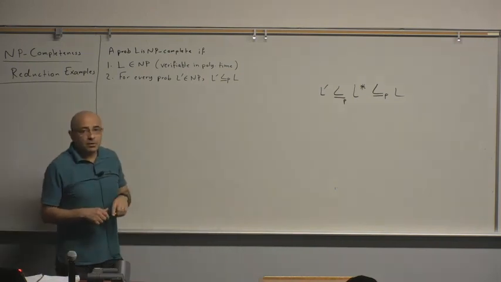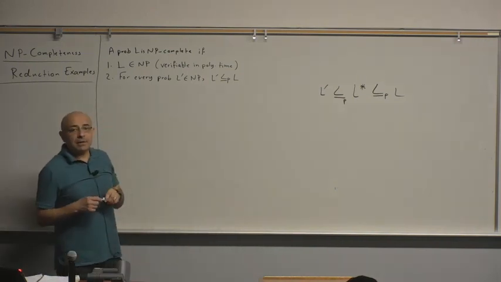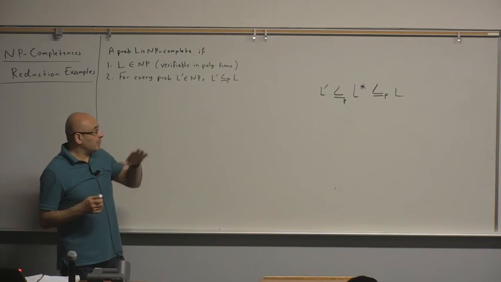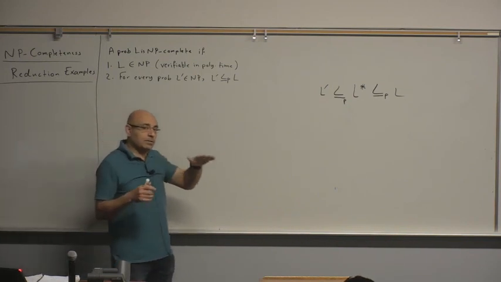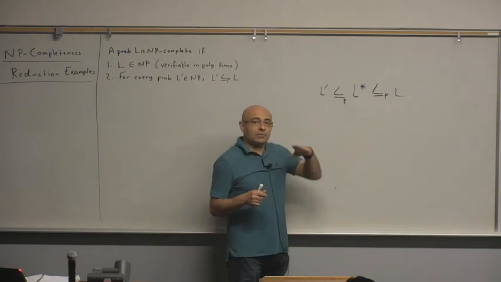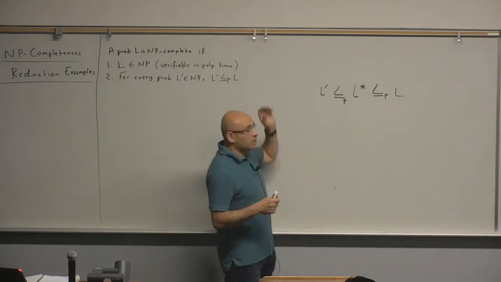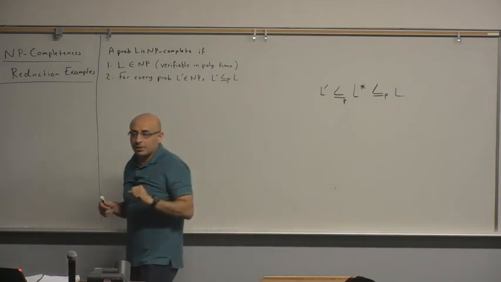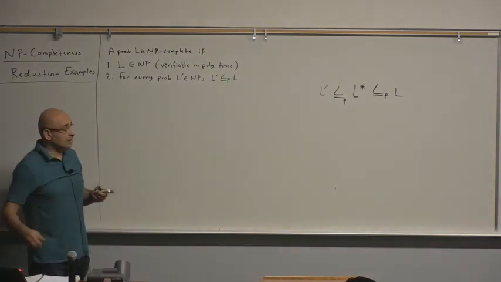Remember our example last time about finding the tallest people. Once you find one of those tallest people, then you can use one of them to compare with. So you don't have to compare with everyone.